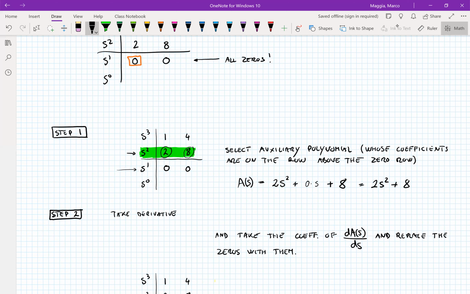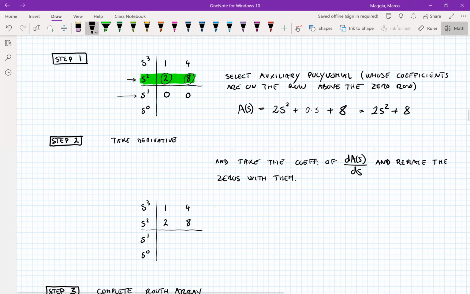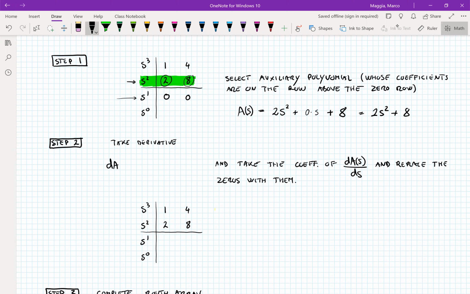Step 2, just take the derivative of such polynomial with respect to S. This should be very easy because it's just a derivative of a polynomial with respect to S. So derivative of 2S squared is 4S. And then derivative of 8 is simply 0. And now we use the coefficients of this derivative, which is still a polynomial. 4S is a polynomial itself.